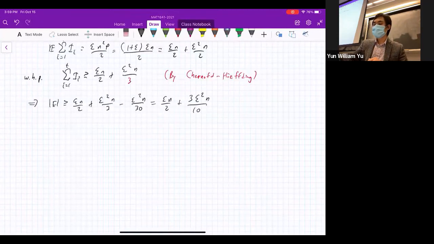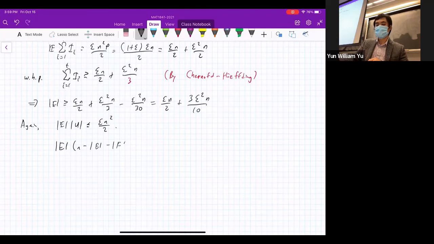But note that again, the size of E times the size of U is less than or equal to epsilon n squared over 2. And so the size of E times n minus the size of E minus the size of the frontier is less than or equal to epsilon n squared over 2.